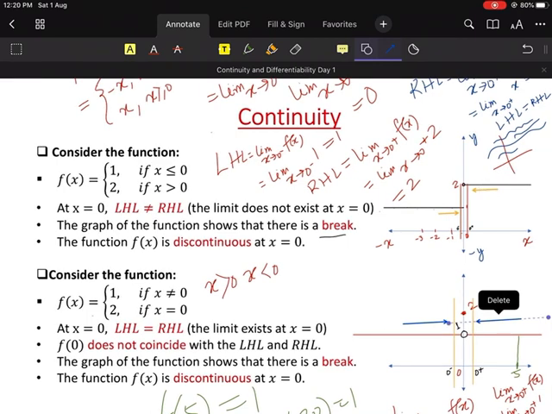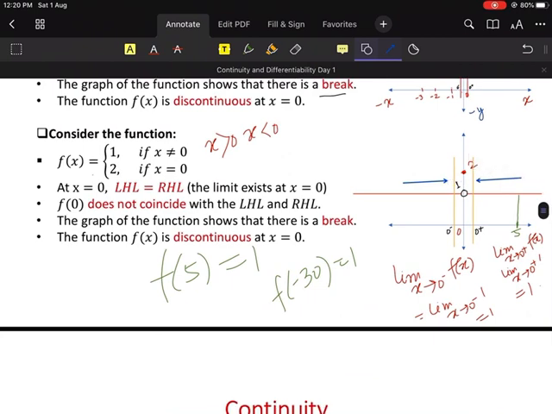Previously when the left hand limit was not equal to right hand limit, the graph was showing a break. But in here, when the left hand limit is equal to right hand limit, still the graph shows a break. Why does the graph show a break? The reason is that the value of the function at that point does not coincide with the left hand limit and right hand limit.